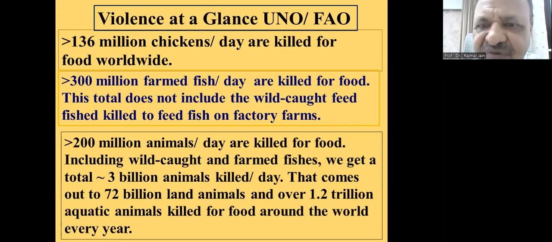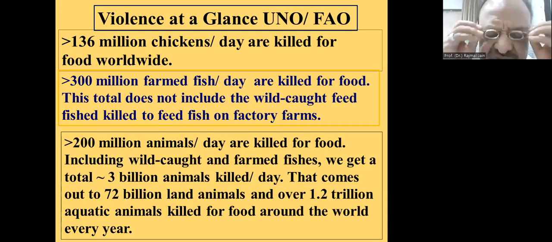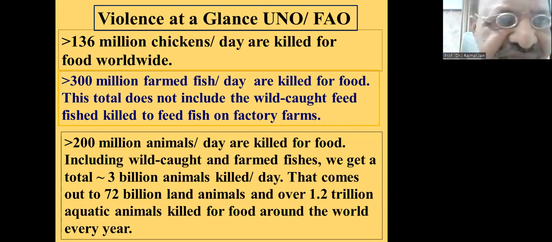And that I want to prove by my 2 research papers, which I have done and already published. One is already published and one is in the press. See, the current scenario which the United Nations told me is the story of up to 2020, that more than 136 million chickens per day.